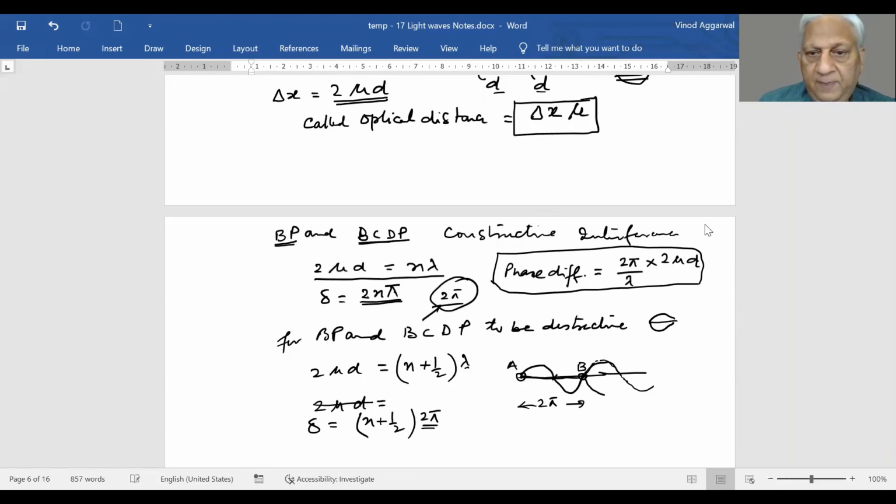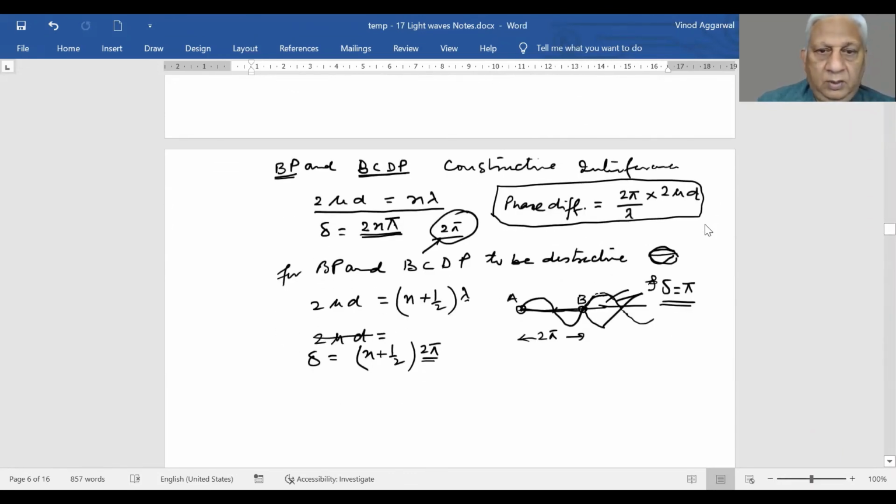Starting from here means a phase difference between this and this, delta, should be pi, like this. Here n is equal to 1, 2, 3, and so on.